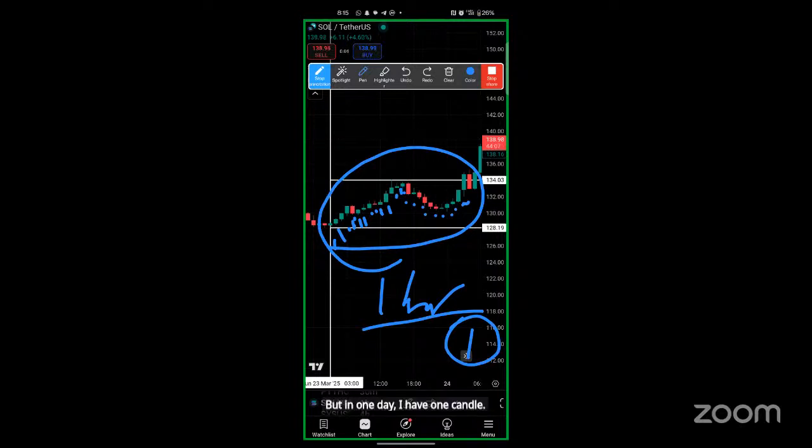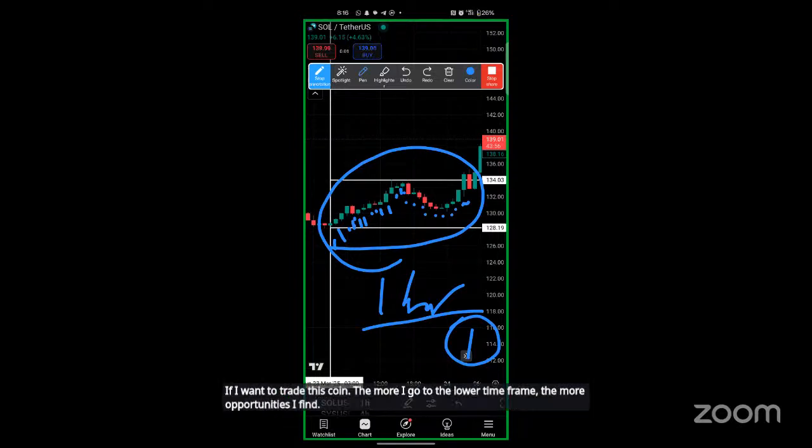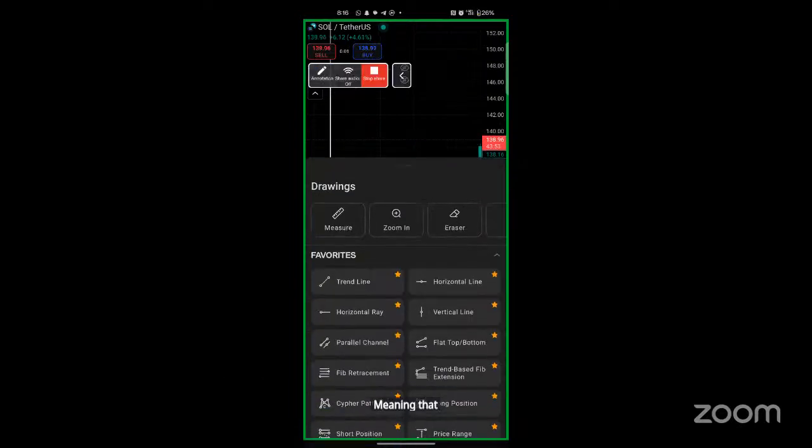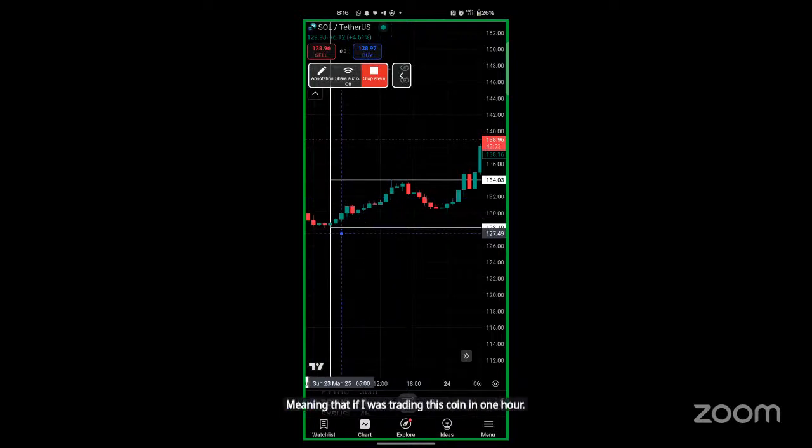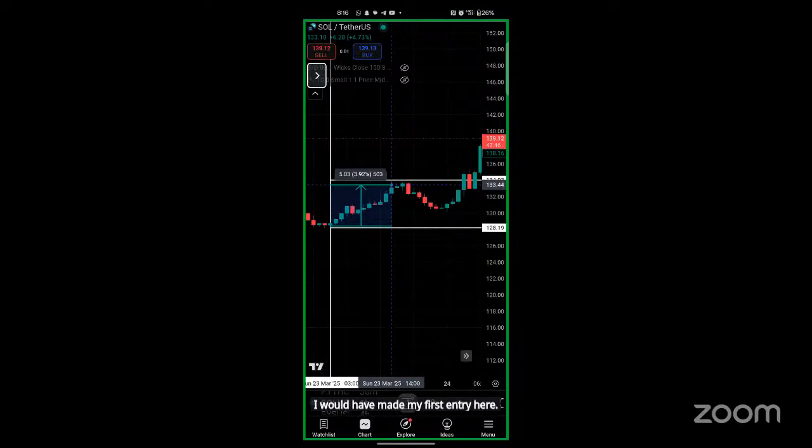Meaning that even though I have the bigger picture of one day, if I want to trade this coin, the more I go to the lower time frame, the more opportunities I find. Meaning that if I was trading this coin in 1 hour, I would have made my first entry here and took a 4%.